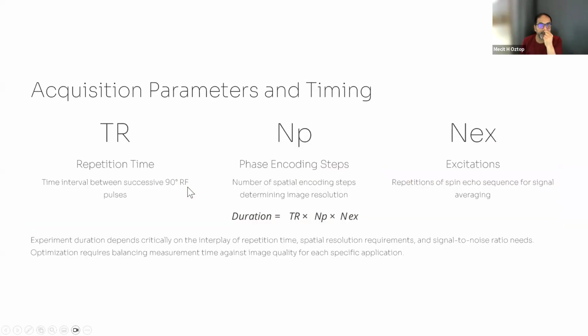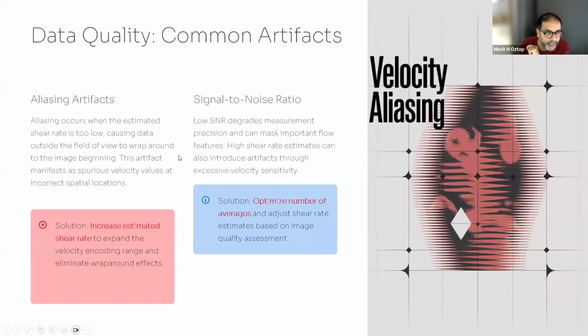Of course, repetition time, the phase encoding steps, and the number of averages or excitations are important parameters that will also affect our imaging duration. So we need to optimize these parameters so that we will have a good quality image.